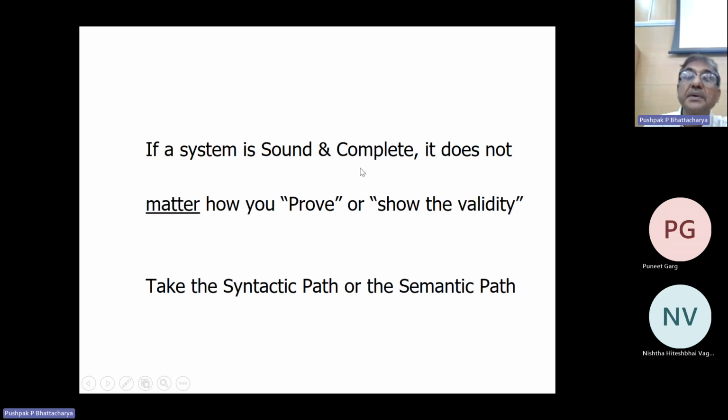You can take any structure and either show that it is a theorem, then it has to be a tautology also, or you can show that the structure is a tautology, then it has to be provable as a theorem in the system. So I can take either the syntactic path or the semantic path.